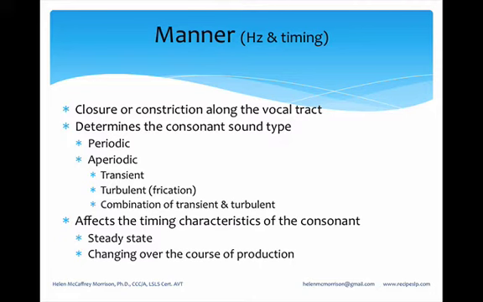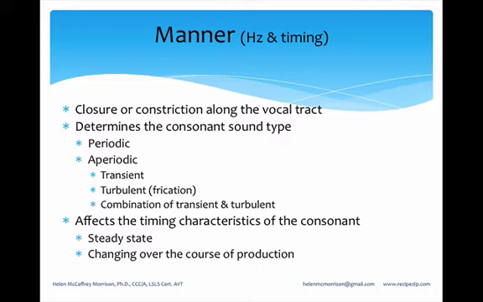They don't change over the course of production. Others change over the course of production. And because some consonants change in terms of the frequency characteristics and the nature of the sound over the course of production, it's very hard to assign a single audiometric frequency to that consonant.